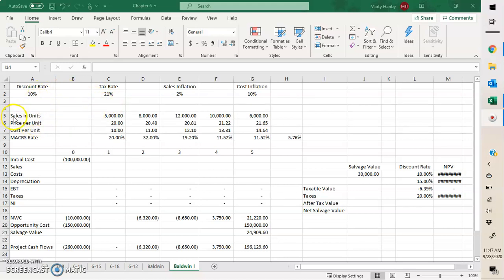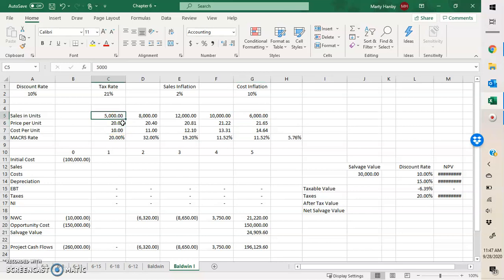But what are the things they provide us in the Baldwin Company example? They tell us sales are initially 5,000. They're going to grow to 8,000 in the second year, 12,000 in the third, drop to 10,000 in the fourth, and in the final year they're 6,000. The price per unit is $20.